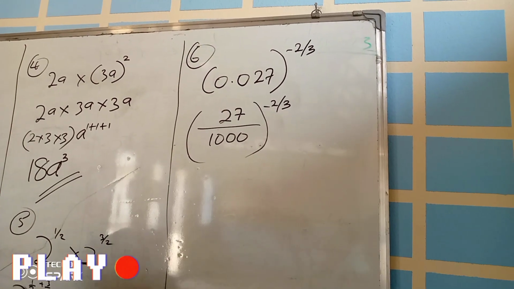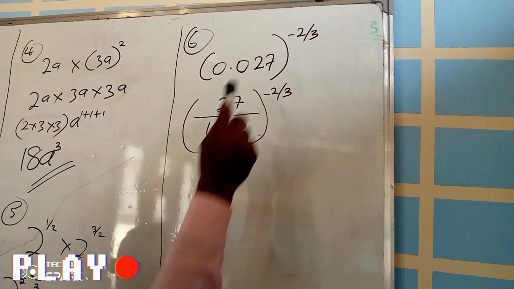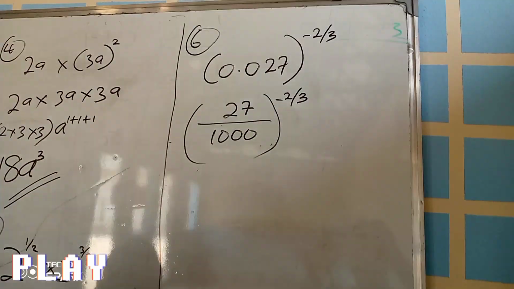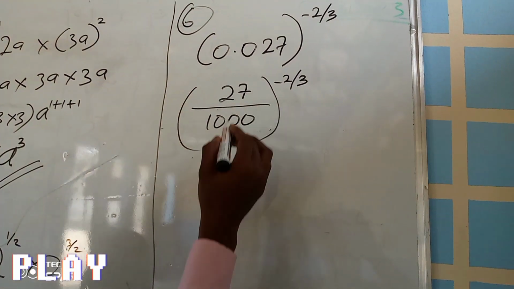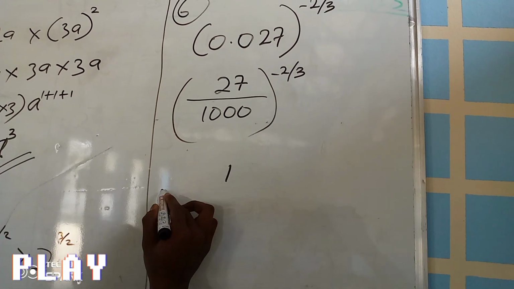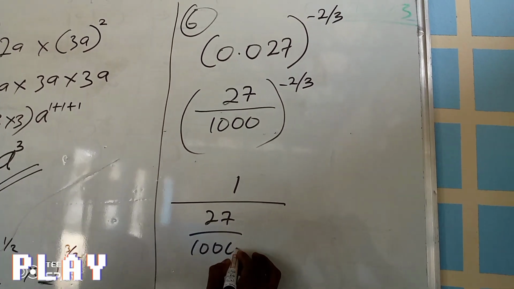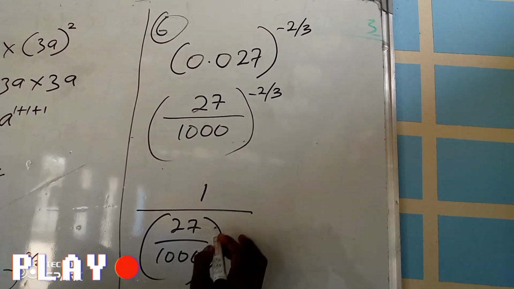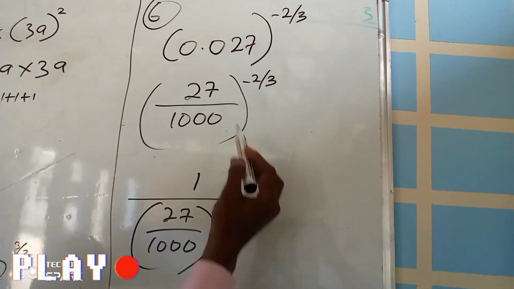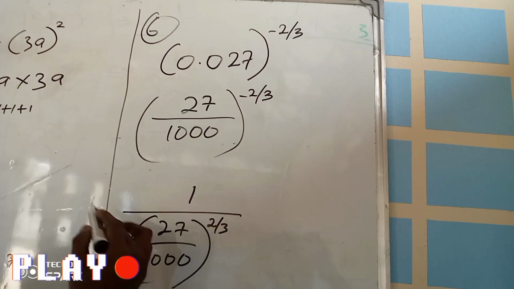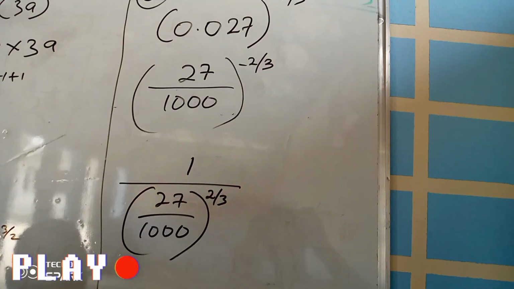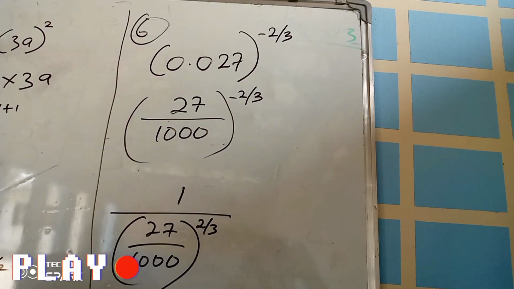The second step, I will work on the negative. It now becomes 1 divided by 27 over 1000 raised to the power 2 over 3. The minus has been converted to 1 over, according to our inverse law.